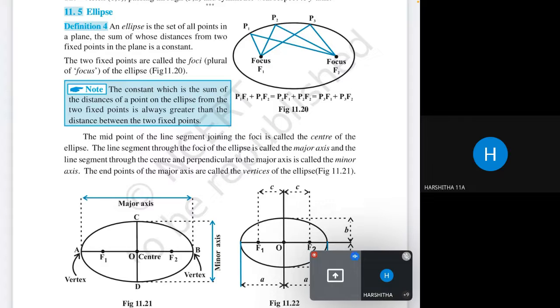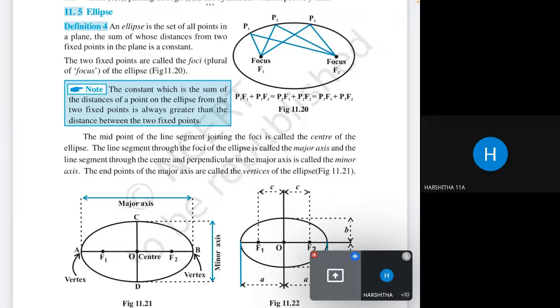The midpoint of the line segment joining the foci is called the center of the ellipse. Whenever you read one conic section, compare it with the other conic sections so that you can easily understand. The center of the ellipse is the midpoint of the two foci.